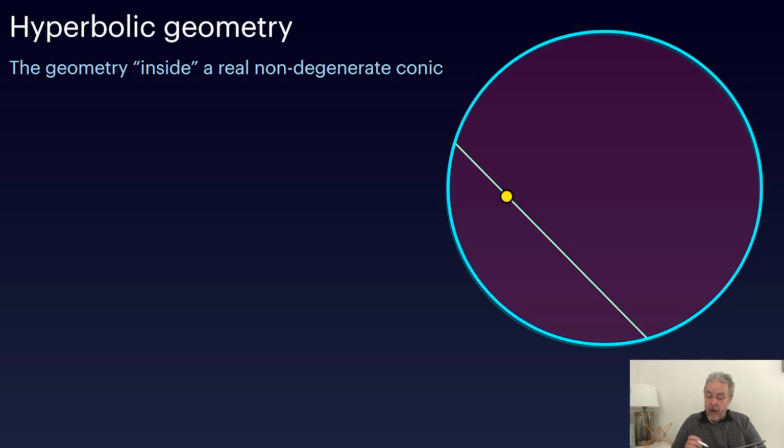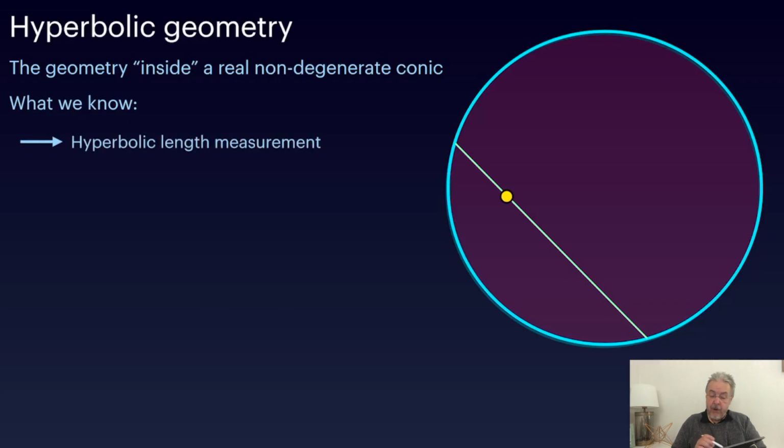So what do we know? In that geometry here, we had some lines and we had points, and since I said I only want to focus on the inside of this conic, I'm only considering the part of the line that really lies inside this conic. And so we know that we have a hyperbolic length measurement. So if we go in unit steps toward the boundary, we will never reach it.